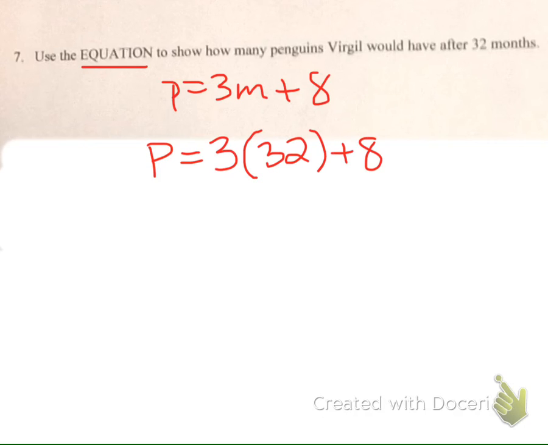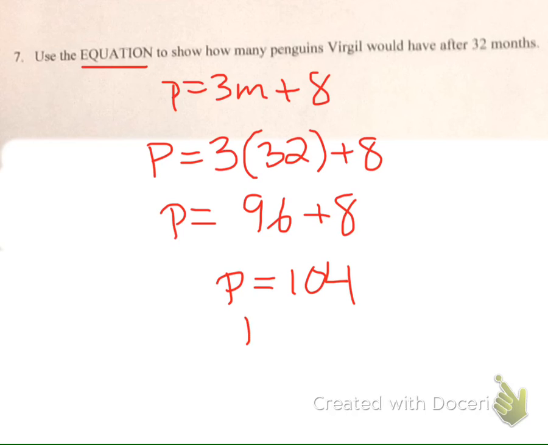Now I just solve. This means 3 times 32, which is 96. So I bring everything down, and then 96 plus 8 gives me 104 penguins. So after 32 months, he would have 104 penguins in his penguin zoo. That's a lot of penguins.